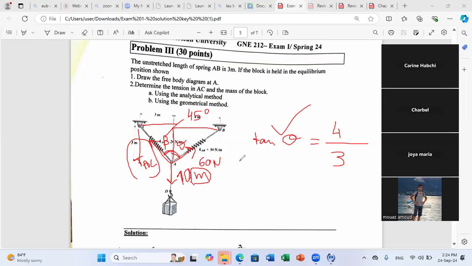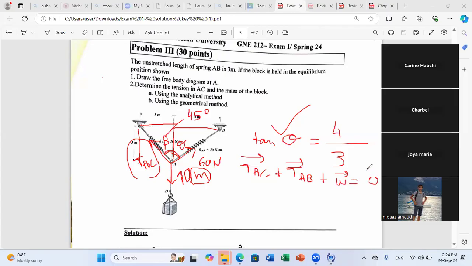You need to project on X and Y. So as you said, the main equation is TAC vector plus TAB vector plus the weight equal to 0.